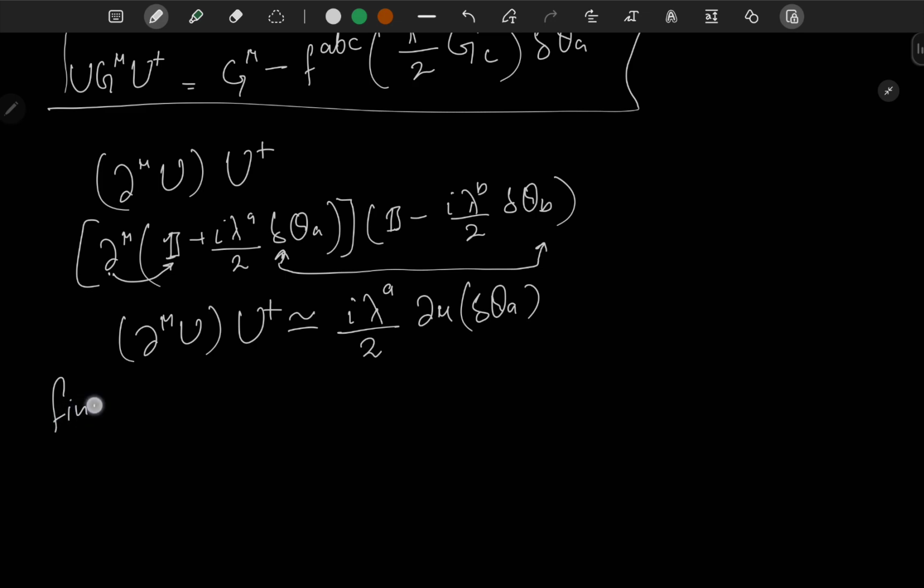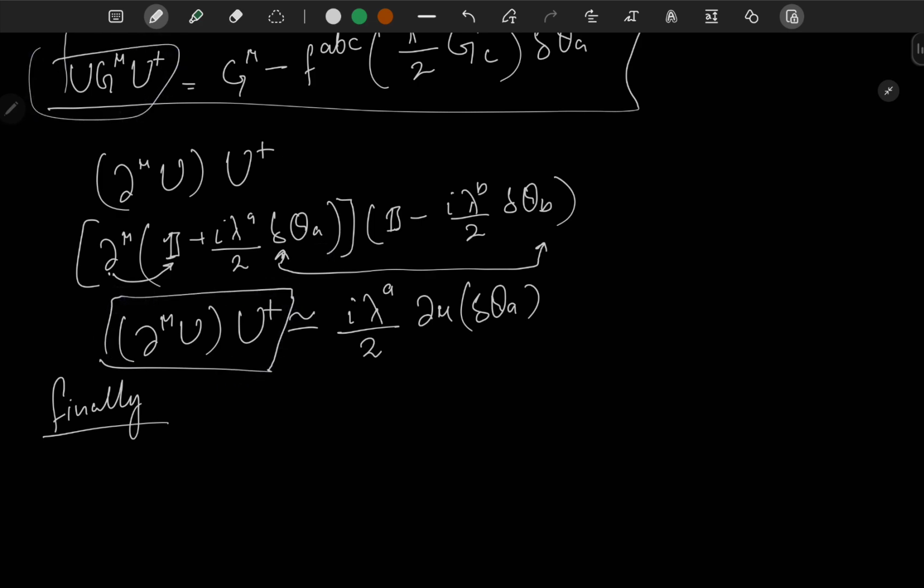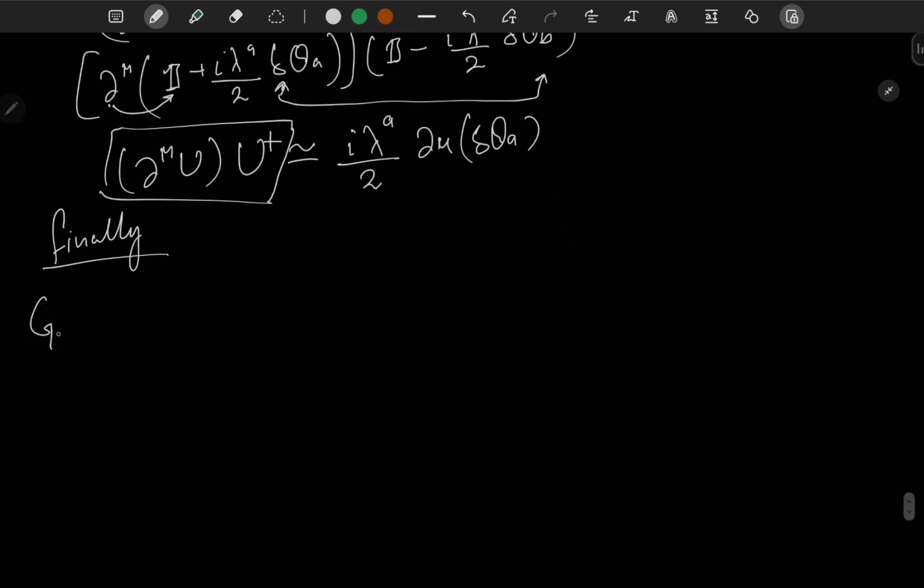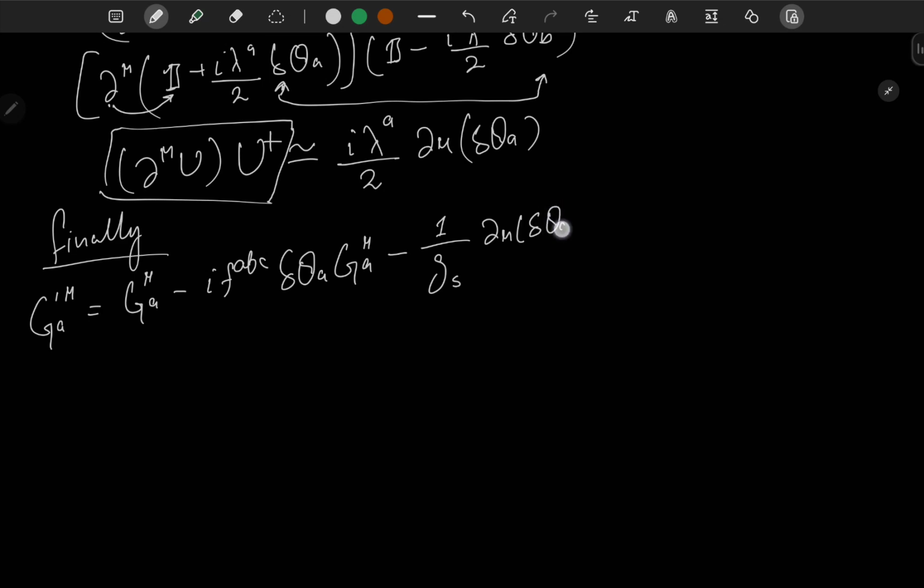So finally, now if we write this term and this term all together, so the transformed field can be written as g mu of a minus iota f a b c, which is the structure constant, delta theta a g mu of a minus 1 upon g of s d mu delta theta a.